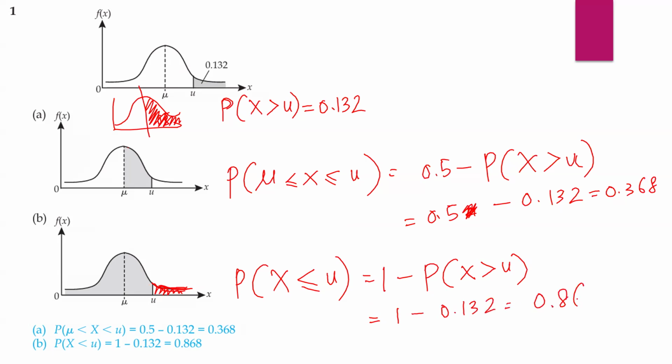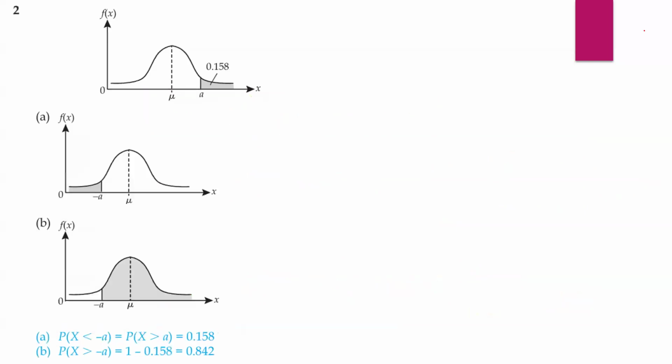Okay, let's check what mistake I did. The value of the probability of this is the same. Okay, next. So X greater than or equal to A is 0.158.